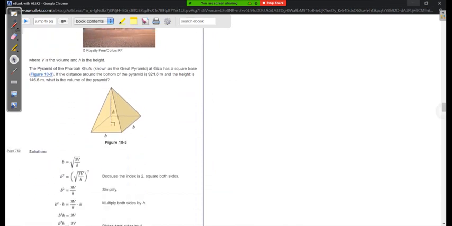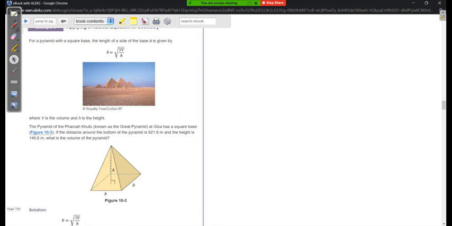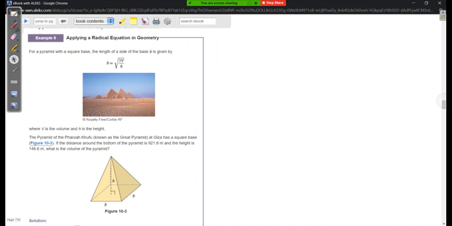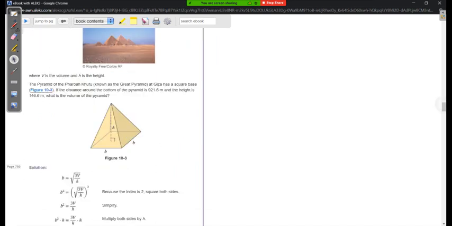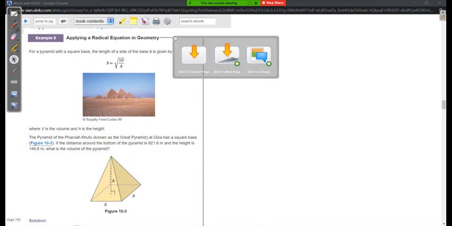Applications. All right. So we're going to have some pyramid applications. For a pyramid with a square base, the length of a side of the base B is given by, again, the side of a base.